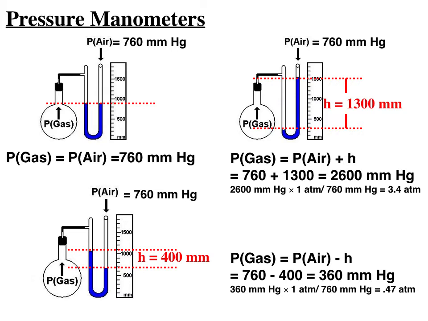That's the difference in push from comparing what the gas is doing to what the air is with the help of mercury. So the pressure of the gas in the chamber, P gas, is equal to the air pushing down on the right column plus the mercury pushing down on the right column. That is 760 plus 1,300. That's a total of 2,600 millimeters of mercury pressure that the gas in the chamber is exerting.